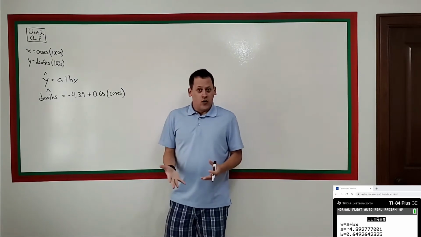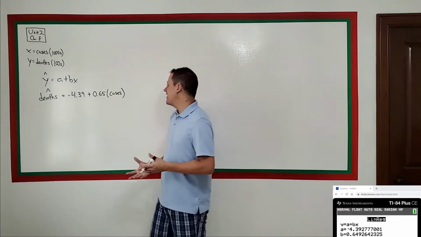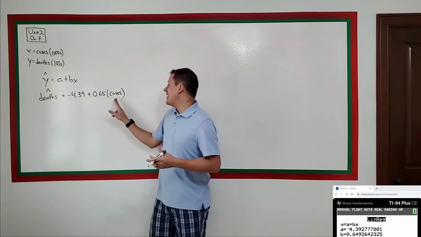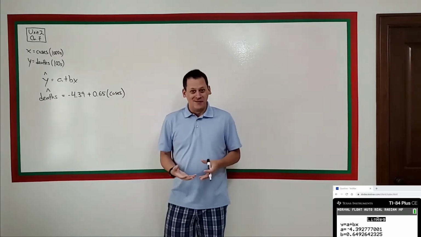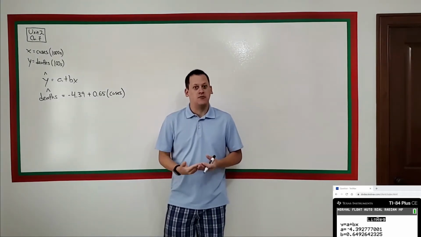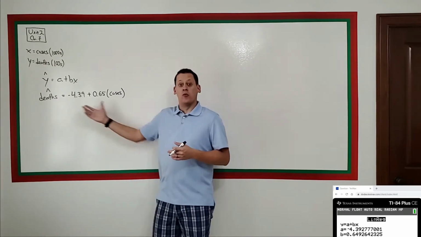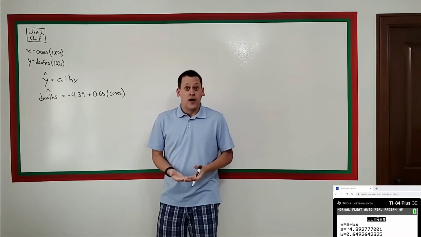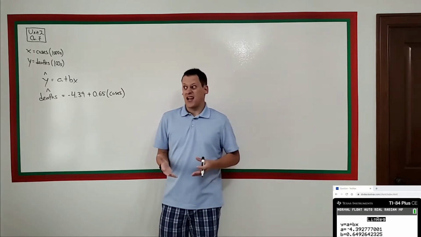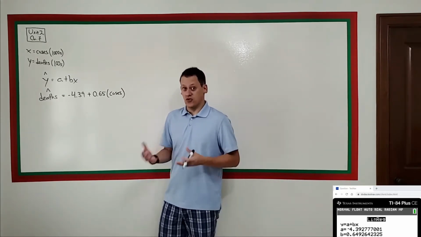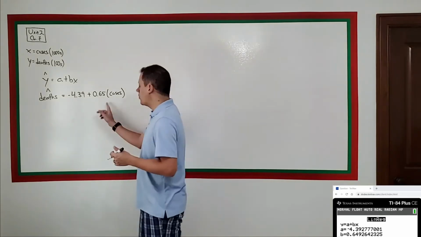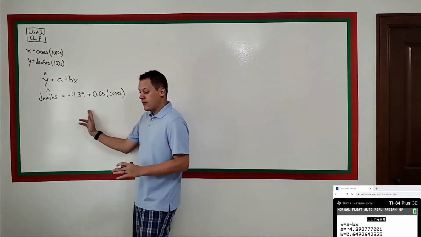If I see you write an equation for a regression line that has just y hat and x here, I'm going to make a comment that says, make sure those variable names are there. It's not just to make it convenient for you to remember what the variables are. That's the way it should look. It's actually not particularly correct if you just have x and y there. So it's important to put those there. So this is our line.